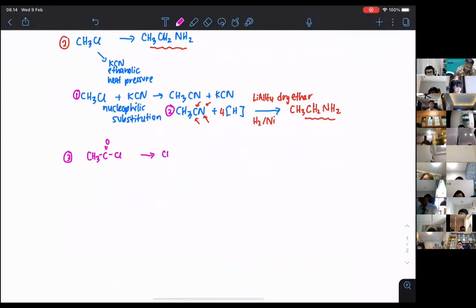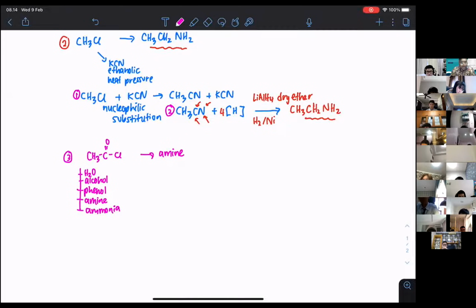Whenever you have ethyl chloride, you need to recall what reactions it can undergo. It can undergo reactions with water, alcohol, phenol, amine and ammonia. These are the 5 reactions involving ethyl chloride.